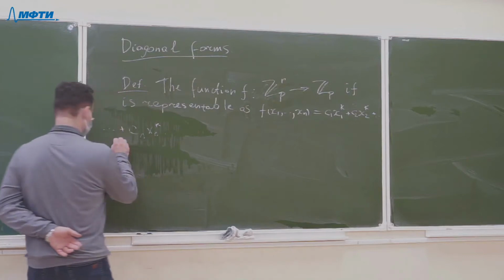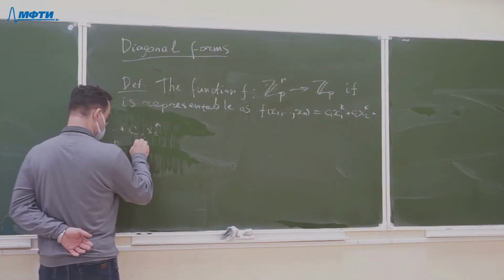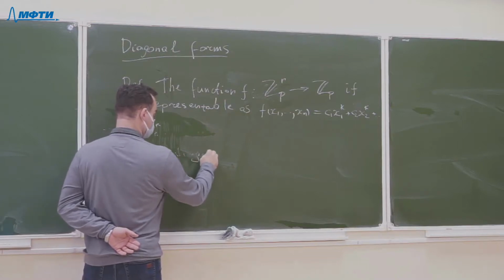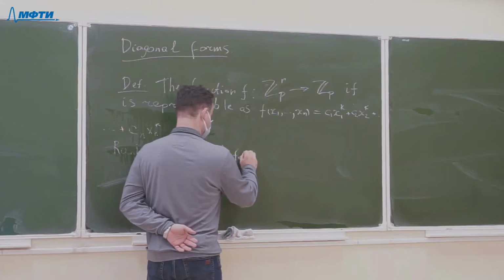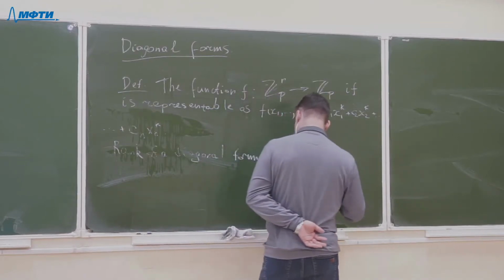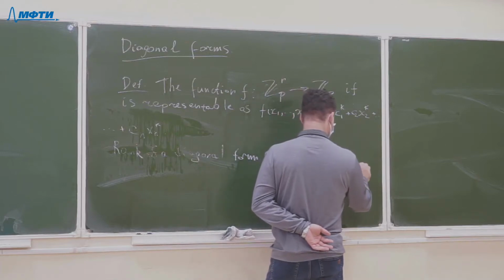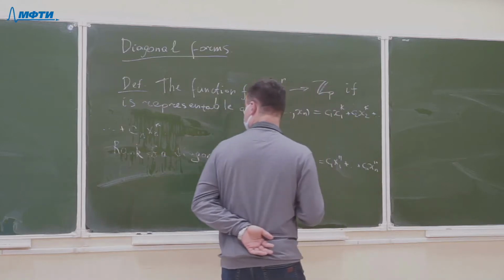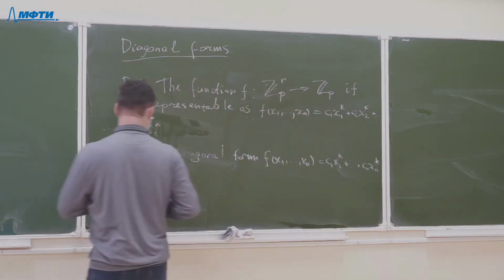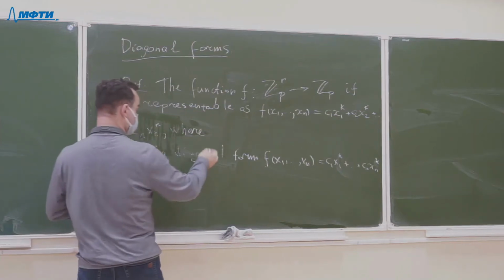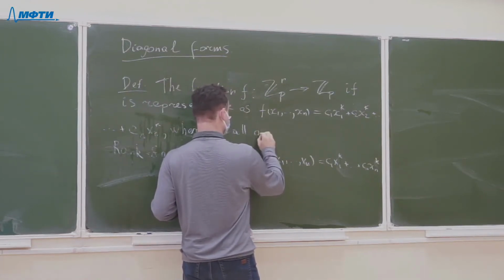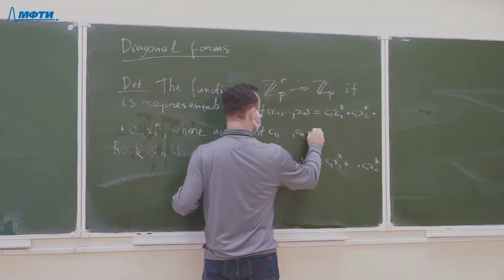Well, the rank of a diagonal form f(x1, ..., xn) equal to c1 x1 to the k plus ... plus cn xn to the k, in Z_p, where not all of c1, ..., cn are 0.